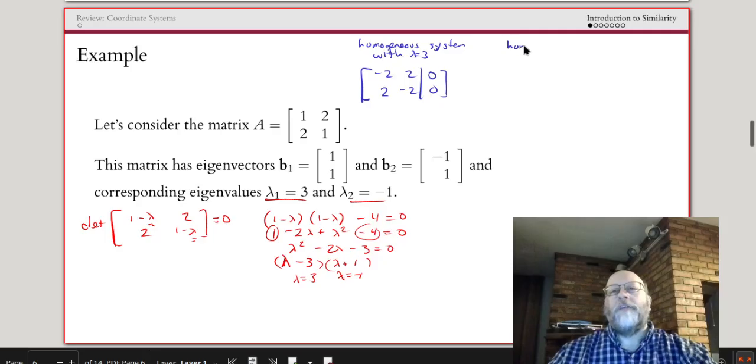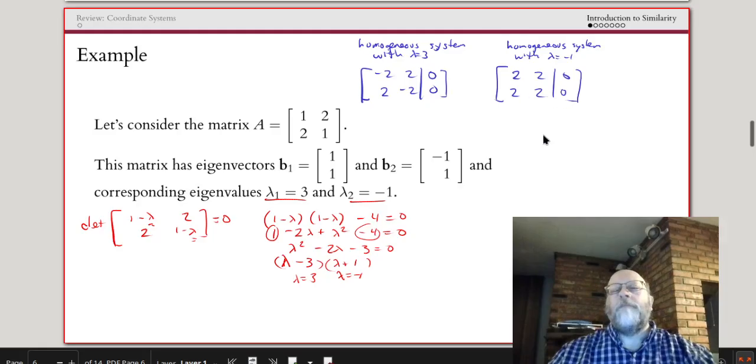And the homogeneous system with lambda equals negative 1 is 1 minus negative 1 is positive 2, and again, 1 minus negative 1 is positive 2. Both of these matrices are easy to row reduce. This one, we'll take row 2 plus row 1. And that gives me negative 2, 2, 0, and 0, 0, 0.